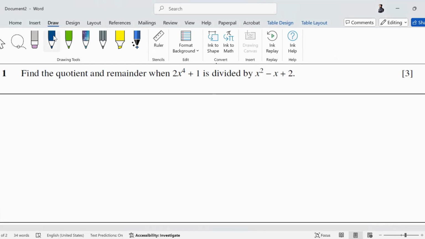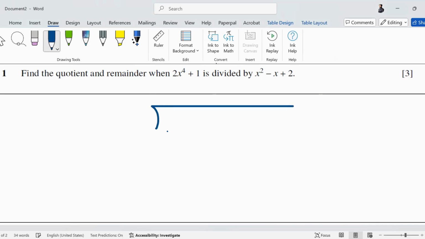Okay, so again we need to divide this. Have a closer look at this. I told you whether the divisor or the dividend, if they have any term missing, you write them with a 0 coefficient to reduce your chance of error.